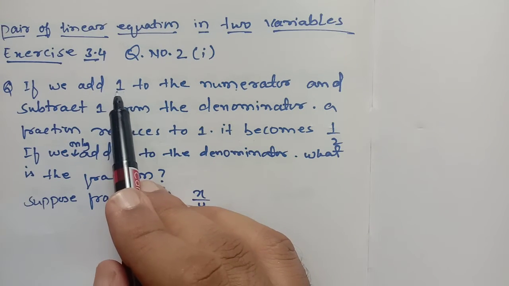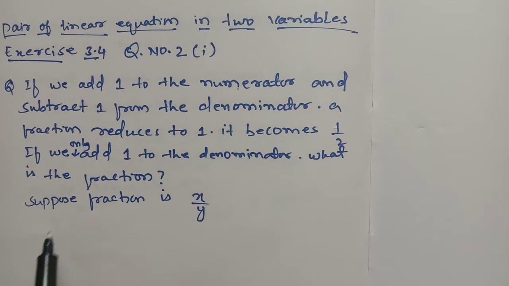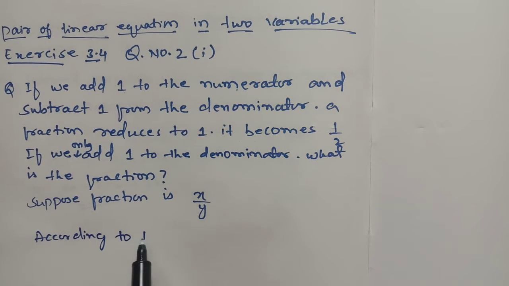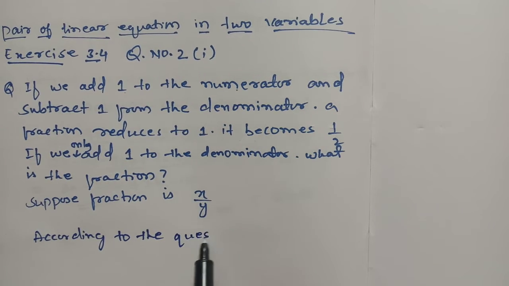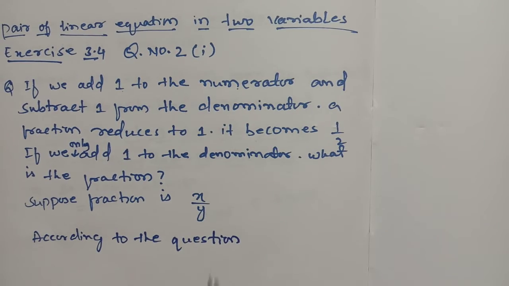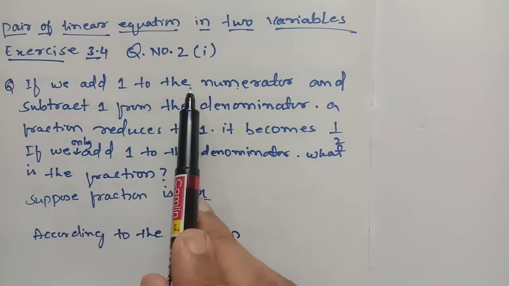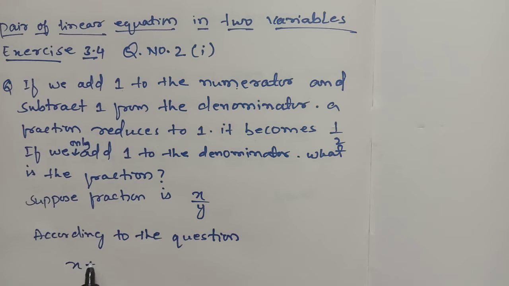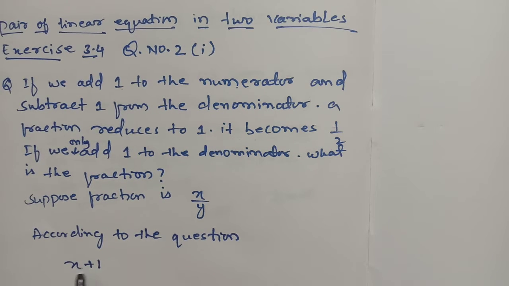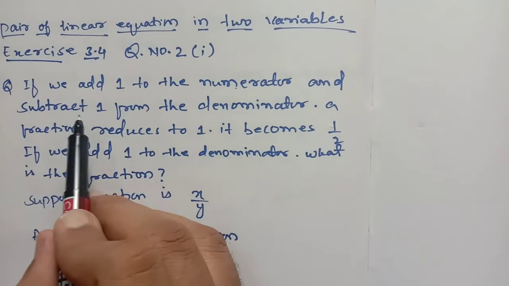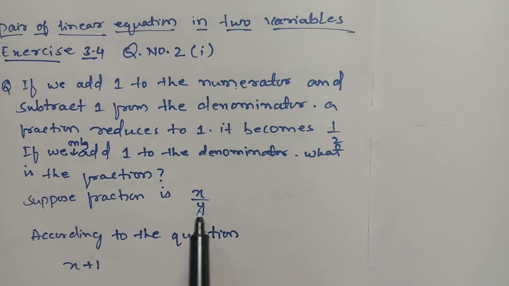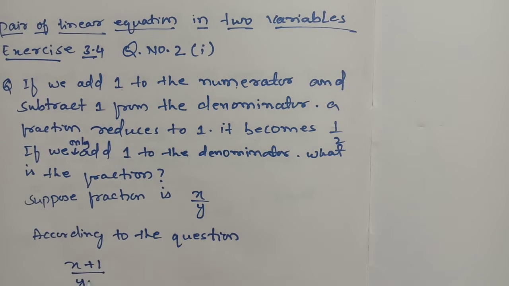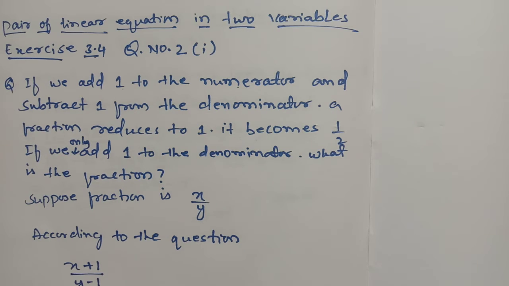According to the question, I am writing, we are adding 1 to the numerator and subtracting 1 from the denominator. Right now the denominator is y, and he is saying subtract 1 from the denominator, y minus 1.